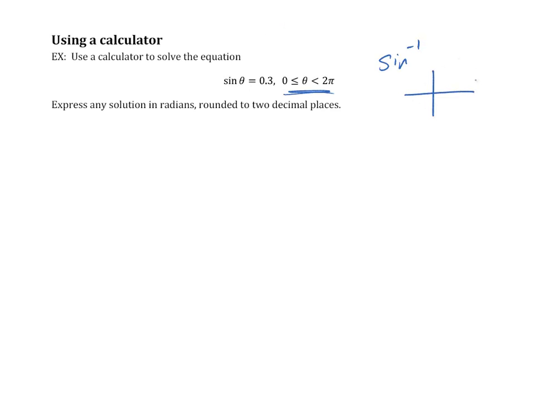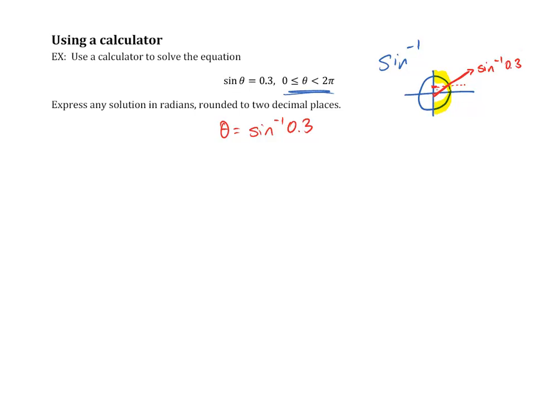But what output do you get when you do an arc sine? Remember that it is only from negative pi over 2 to positive pi over 2. So when you're solving for theta equals sine inverse of 0.3, that's only going to give you where the angle is so that the y-coordinate is 0.3.